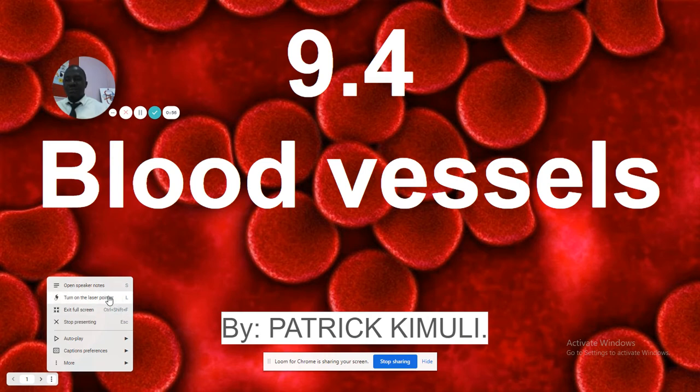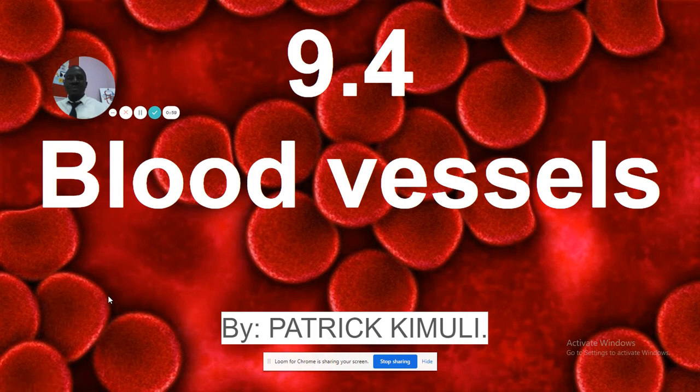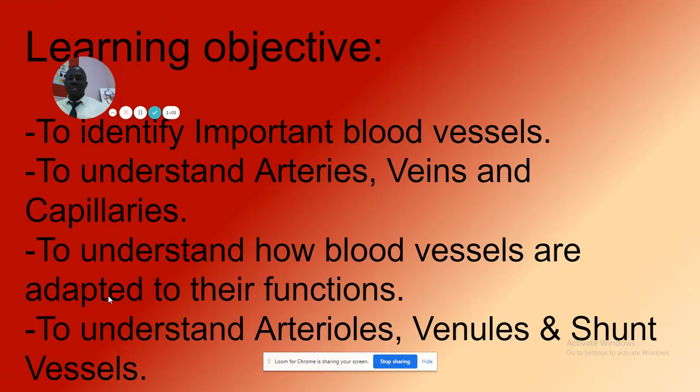Blood vessels are very important in transportation of materials. So we want to see what we need to know. By the end of this tutorial, everyone should be able to identify the important blood vessels, understand the arteries, veins, and capillaries, understand how blood vessels are adapted to their functions, and understand arterioles, venules, and shunt vessels.